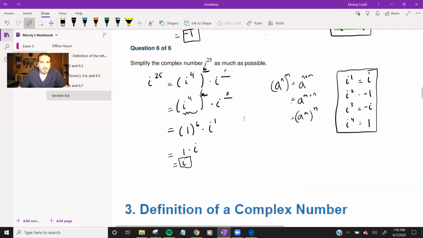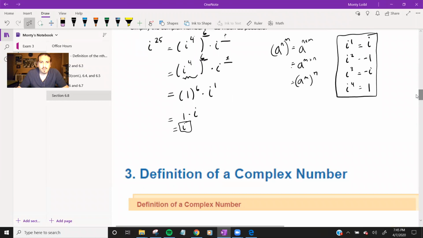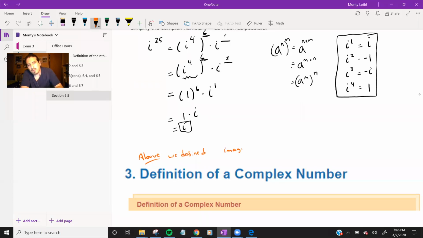To the third section, which is the definition of a complex number. So above we defined what the imaginary i was, right?